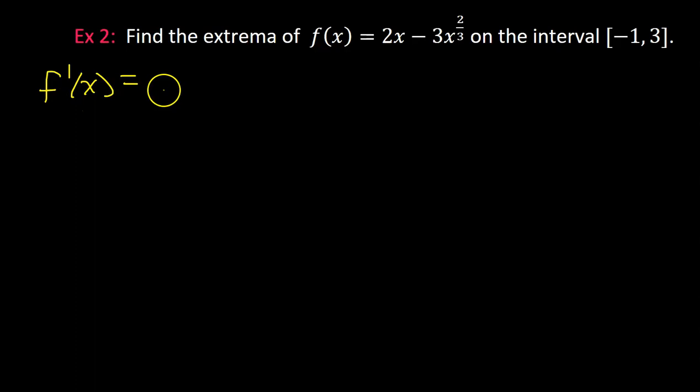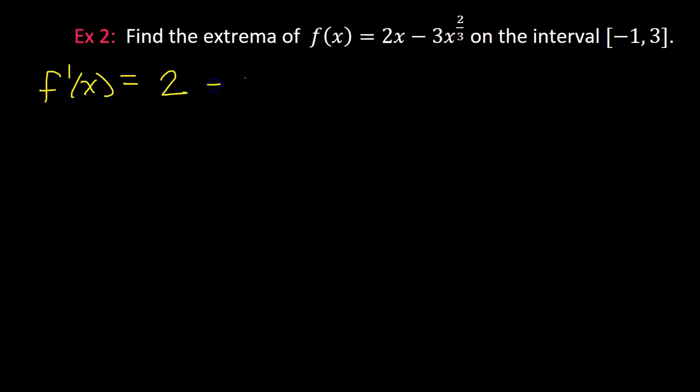So first we have to find the derivative. For the first term, the derivative is just 2. For the second term, we need to do the power rule. So I'm going to take this 2/3 and multiply it by 3. 2/3 times 3 is just going to be 2.